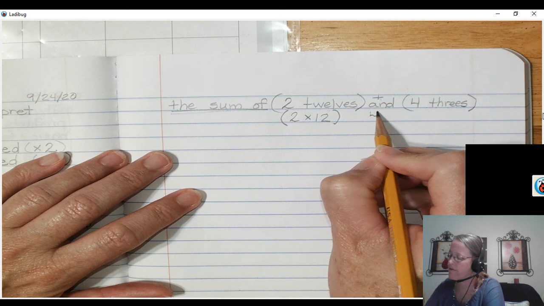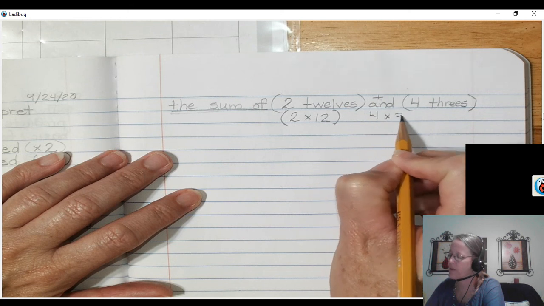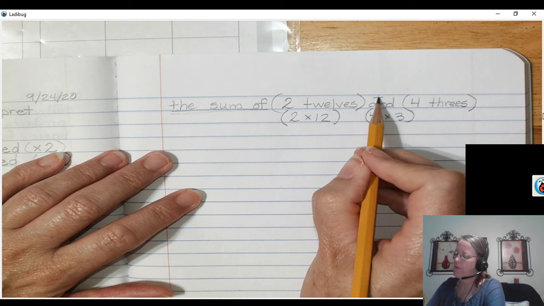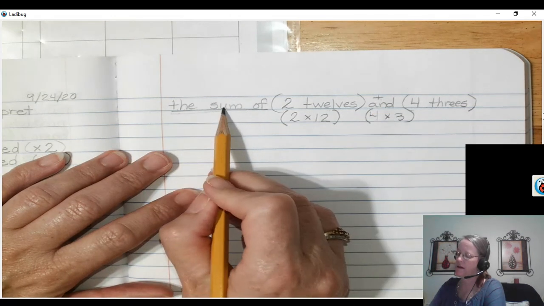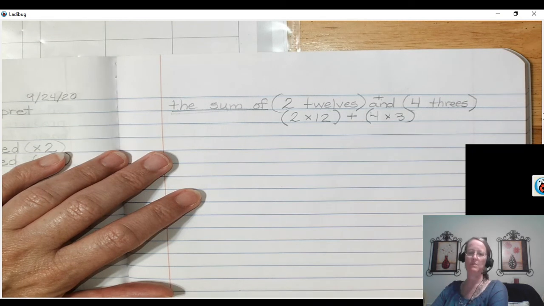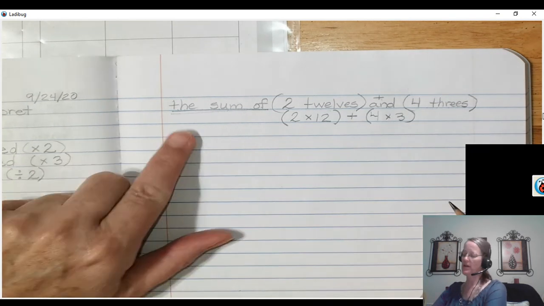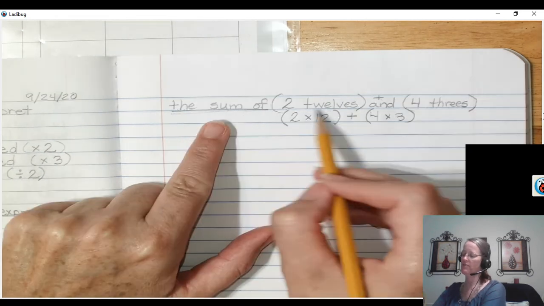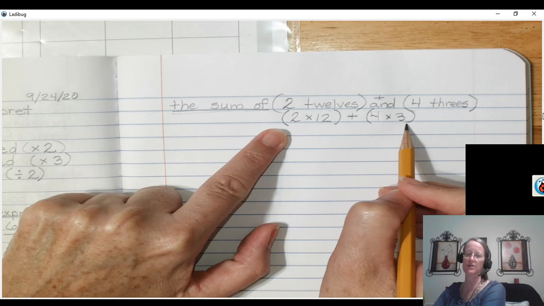Or 4 times 3. Remember that we are trying to find the sum of. So my addition sign goes in the middle. That is what this phrase would look like as a numerical expression.